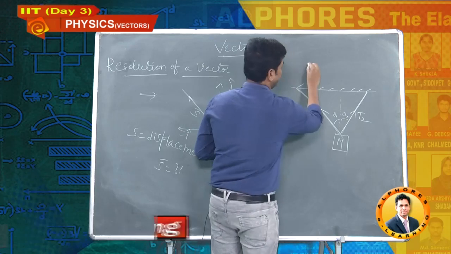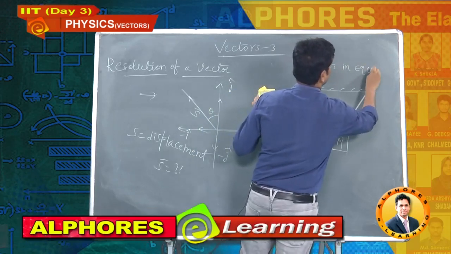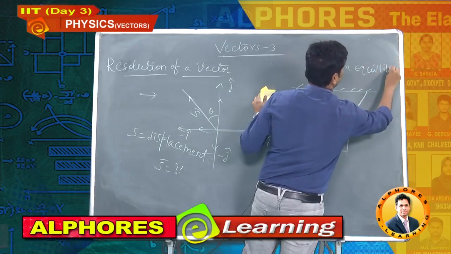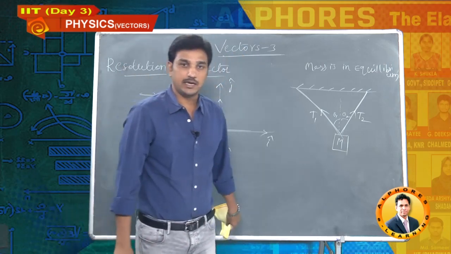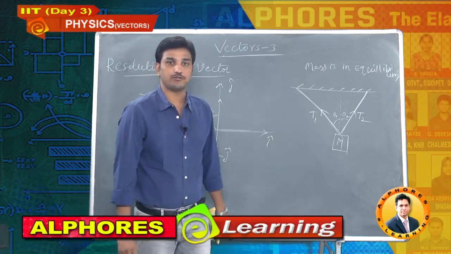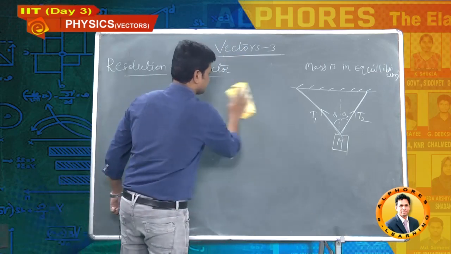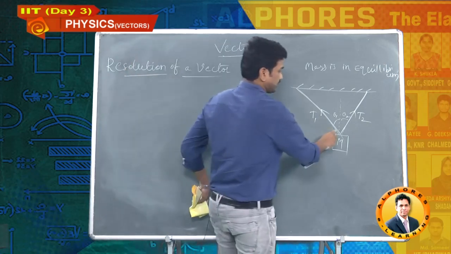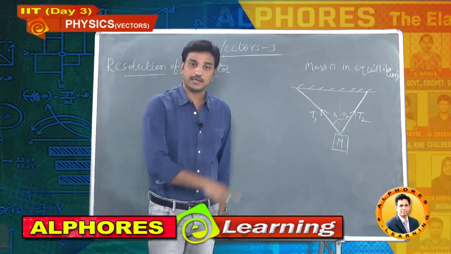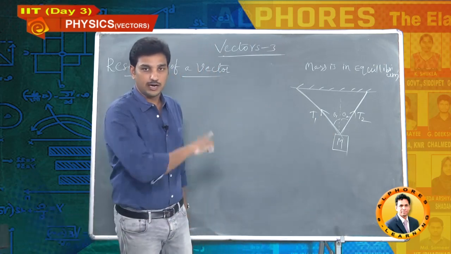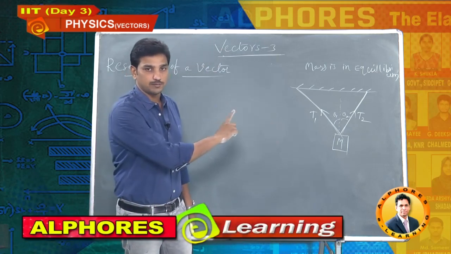This mass is in equilibrium. What is the meaning of equilibrium? Meaning of equilibrium is net force 0. Total force acting on the substance is 0. What is the meaning of total force 0? Horizontal forces equal and opposite, vertical forces equal and opposite. Horizontal forces balanced, vertical forces balanced, total force acting on the substance is 0.